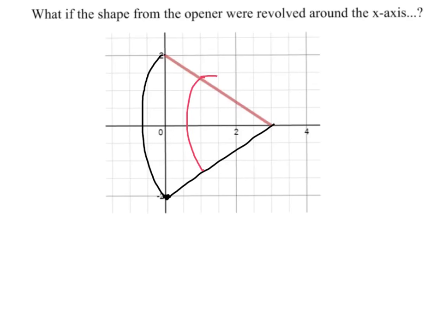Okay, and it had a little width. Come around like that. It would look like that. So that rectangle, as it's spun around, begins to look like a cylinder, and the volume of a cylinder is pi r squared h.